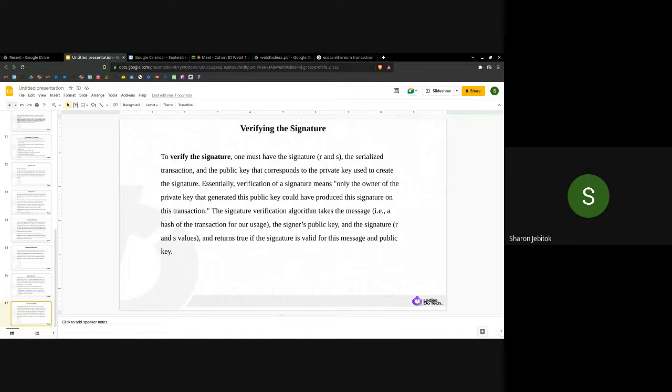So these are the three things needed for the signature to be verified: the signature, the serialized transaction, and the public key which corresponds to the private key that signed that transaction. And essentially, verification of a signature means that only the owner of the private key that generated this public key could have produced this signature on this transaction.